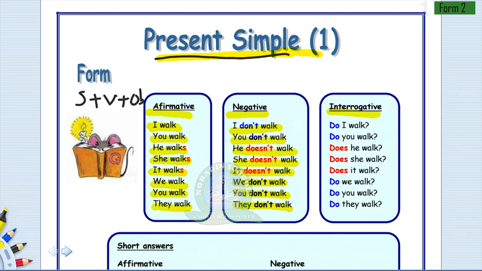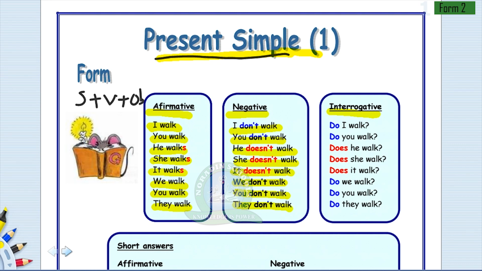Finally, when we are using question form, or interrogative, we start with the auxiliary verb do or does.